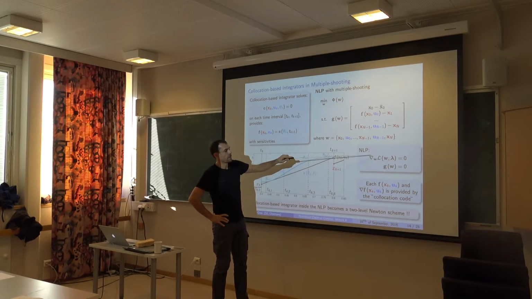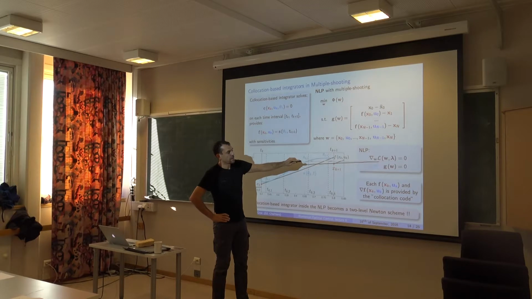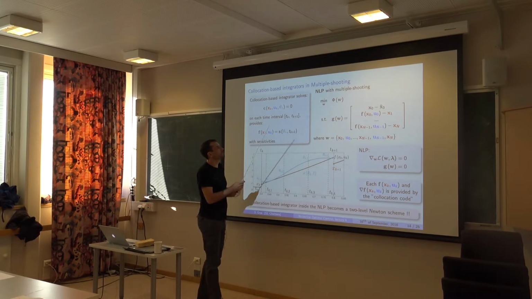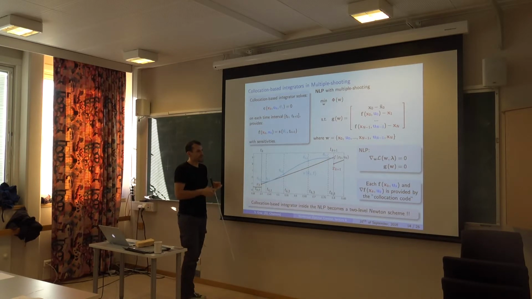And so you would take steps in W and lambda here. And each time you would take a step in W at this level, you would have to reevaluate these functions, all the f's and their sensitivities. And you would do that by solving all these equations with respect to theta.